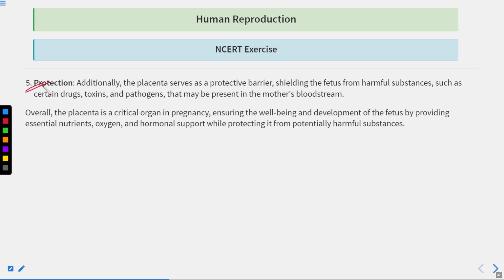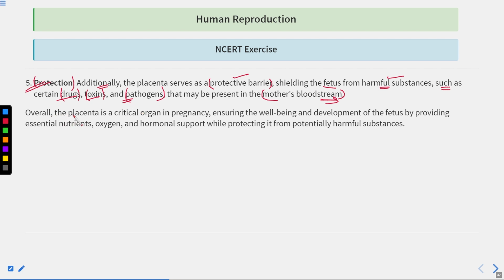Next is protection. Clear? Additionally, the placenta serves as a protective barrier, shielding the fetus from harmful substances such as drugs, toxins, as well as pathogens that may be present in the mother's bloodstream. So another function of the placenta is to provide protection to the developing fetus. Clear?